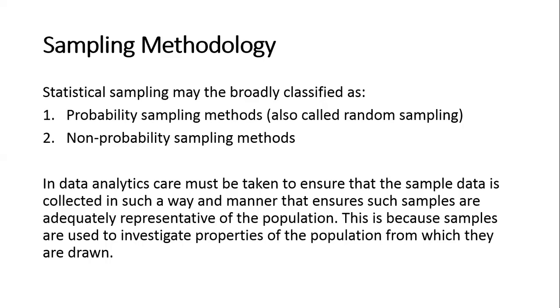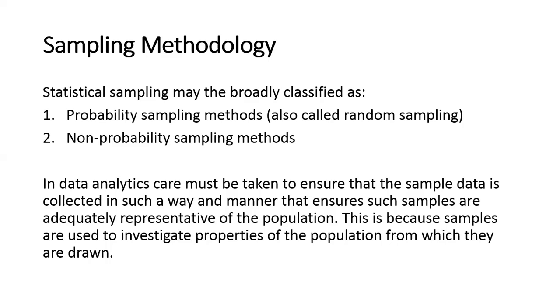In sampling, you have to set the criteria, the basis for extracting the sample from the population. And this must be defined in such a way that the sample you get from the population will be adequately representative of the population.